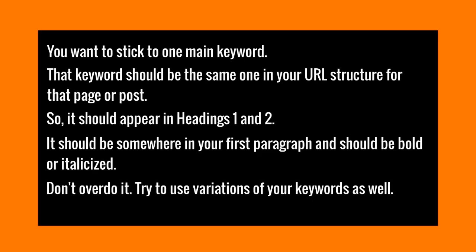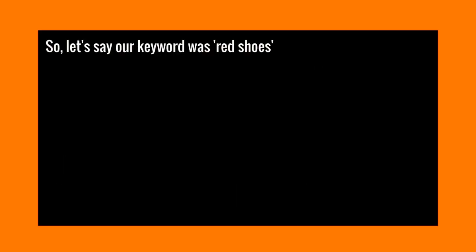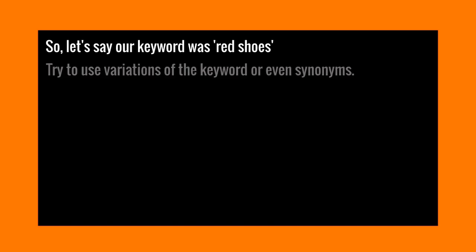You've got to remember, you're writing first and foremost for the human being. So when you put it in your text, you've got to make sure that it is going to make sense to the human being. And you want to try to use variations of your keywords as well. So let's say, for example, let's use the example that we talked about earlier in the URL structure video, which was red shoes.